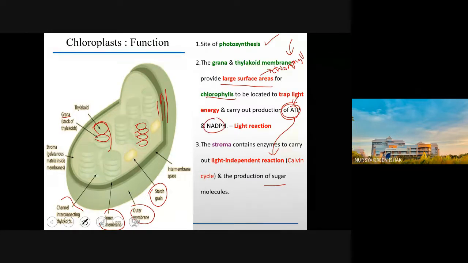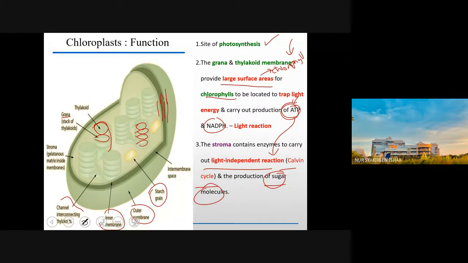So these 2 molecules are produced during the light reaction and will be used during the dark reaction or the Calvin cycle to produce the sugar molecule, the glucose, which occurs in the stroma of the chloroplast. So take note: the stroma is where the Calvin cycle takes place, and the thylakoid membrane is where the light reaction occurs.